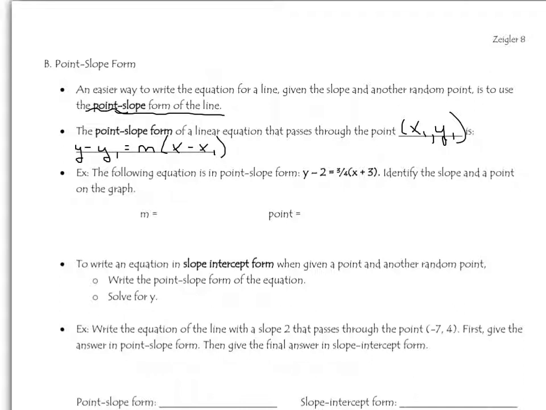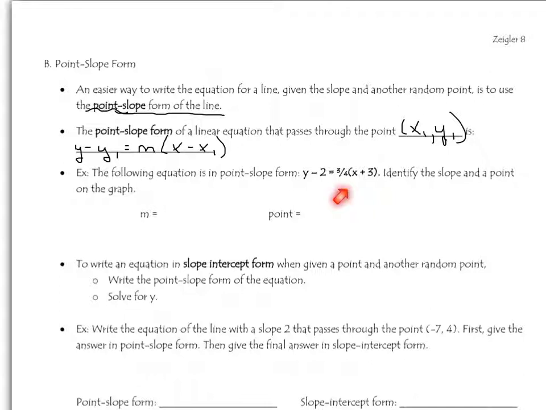For instance, look at the equation y minus 2 equals m times x plus 3. This is in point-slope form. It is the equation for a line, but instead of being y equals mx plus b, it's in a different form, and this form is called point-slope form.